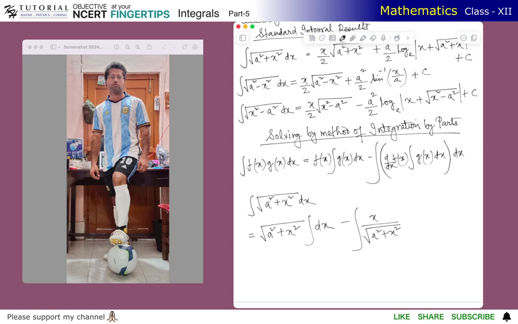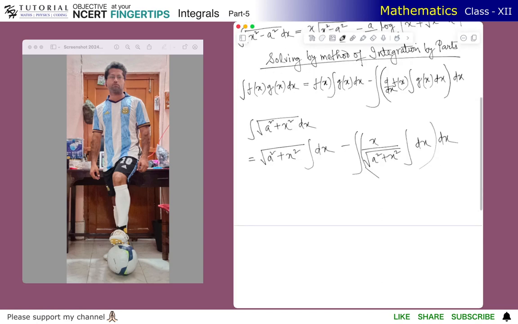So basically it will be 1 by twice root over a square plus x square, and in the numerator it will be again 2x, and the 2 will cancel out. And over here we have again dx. The integral of dx is x.